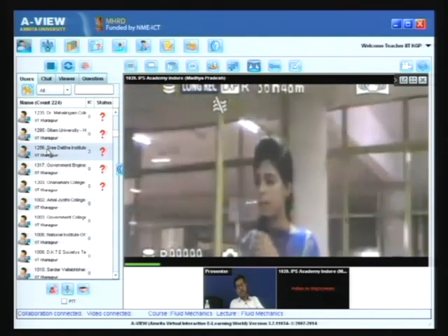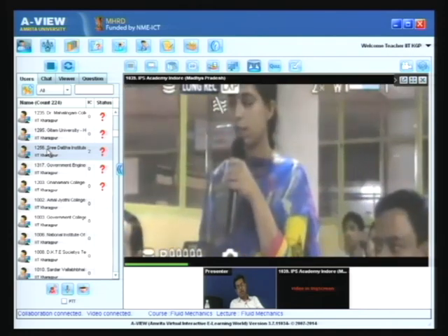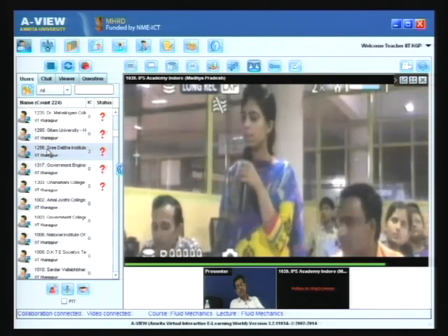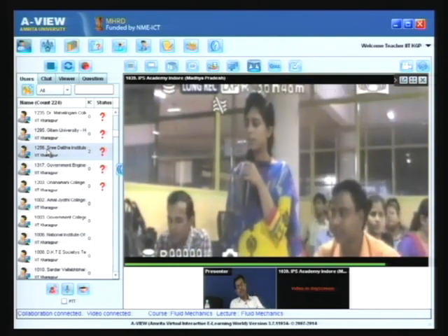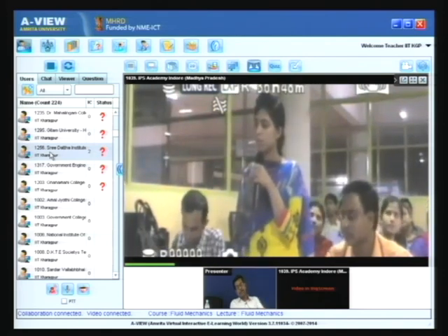Kronecker delta, delta ij: when j is equal to i, it is 1; when i is not equal to j, it is 0. It is a simple operator-type expression. So, if you write something with Kronecker delta, delta ij means when i equals j it is 1 and when i is not equal to j it is 0.